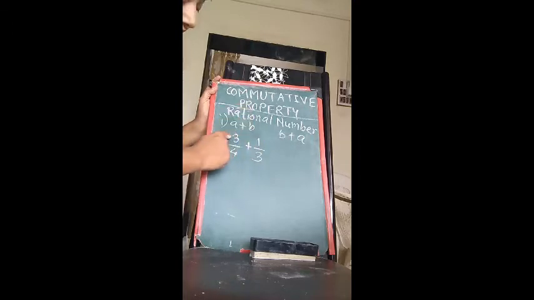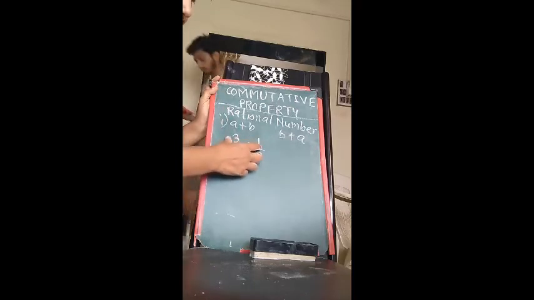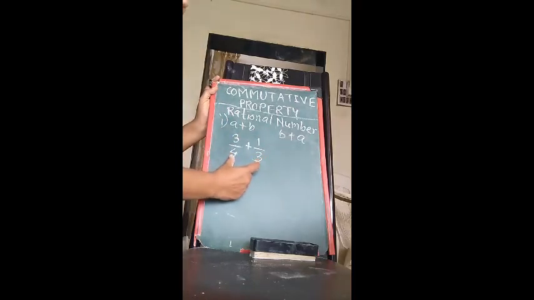So for adding the numbers we have to make the denominator same. That you might have studied earlier, that for addition of fractions we have to make the denominator equal.